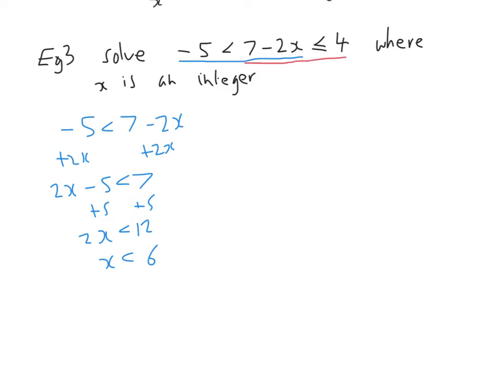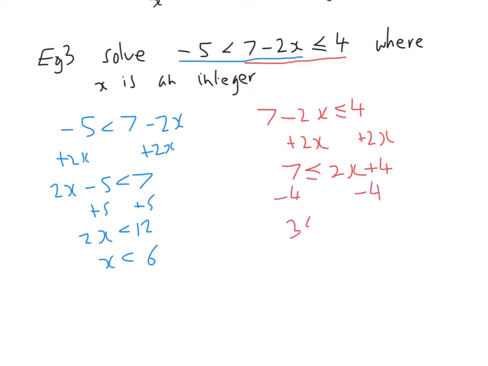So we're ignoring the first inequality and everything before it. Add 2x to both sides, and you get 7 is less than or equal to 2x plus 4. Take off the 4 from both sides to get 3 is less than or equal to 2x. And finally, x is greater than or equal to 1.5.